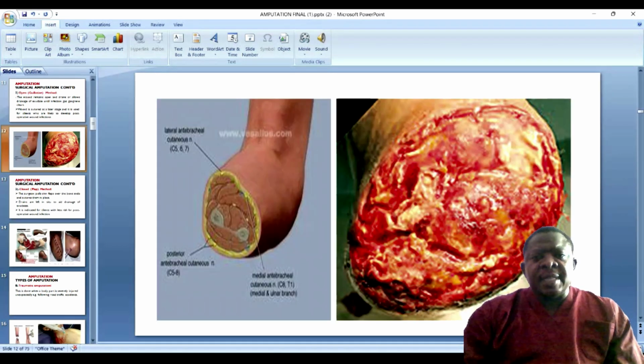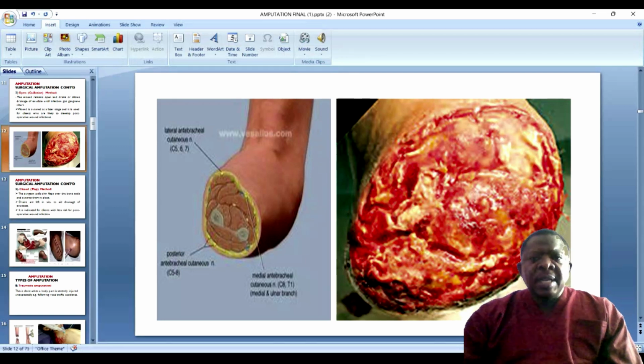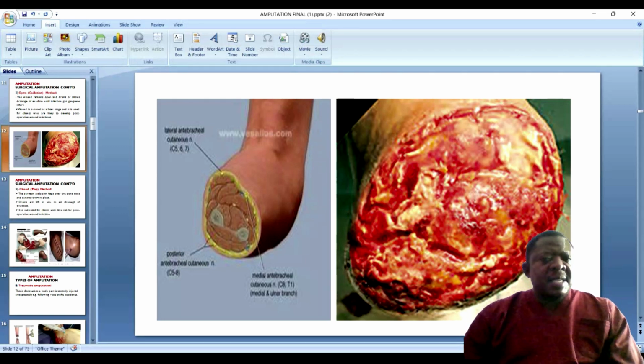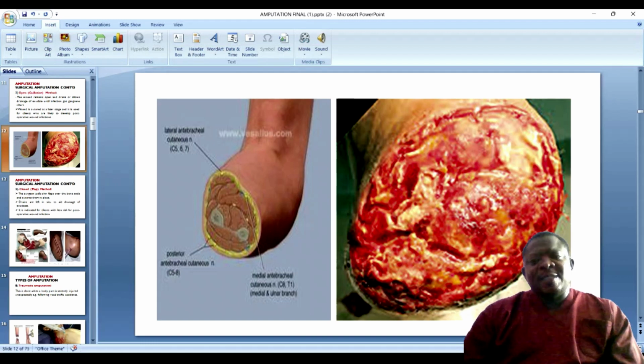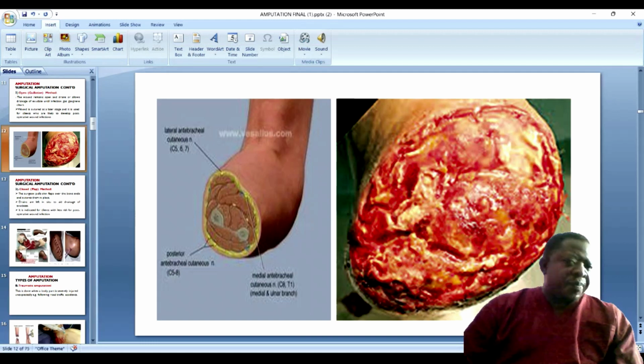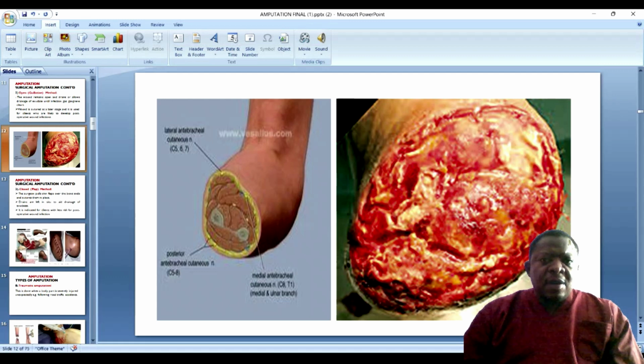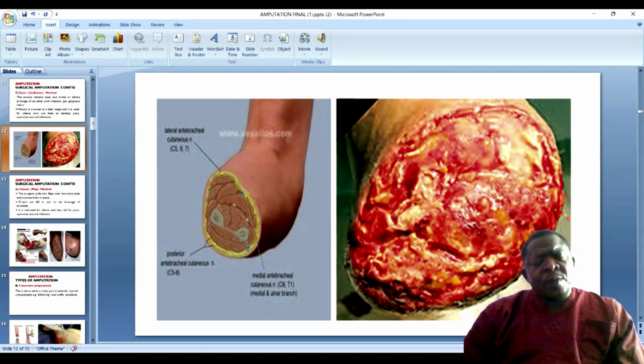This is just an illustration of the open method or guillotine method. You can see that the skin is a little bit infected there, so we want this infection to clear. Sorry, the sensitive nature of the picture that we are using for demonstration.